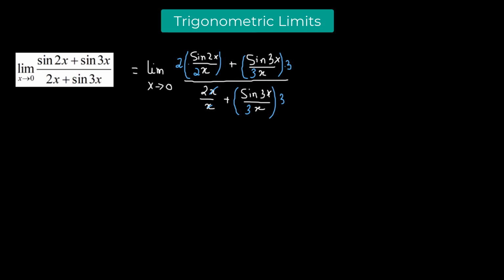So we have 2 times the limit of sine 2x over x when x approaches 0, plus 3 times the limit x approaching 0 of the function sine 3x over 3x.